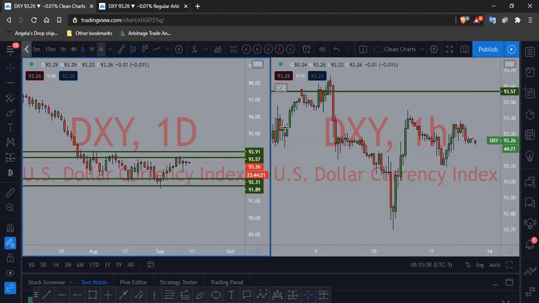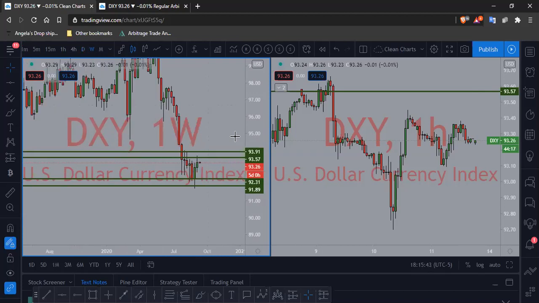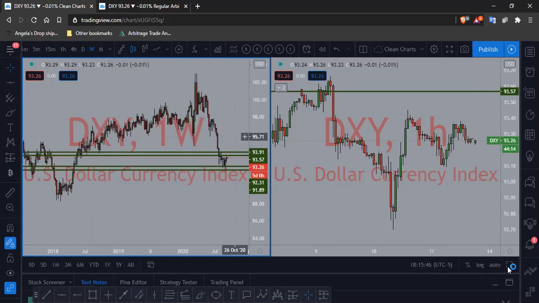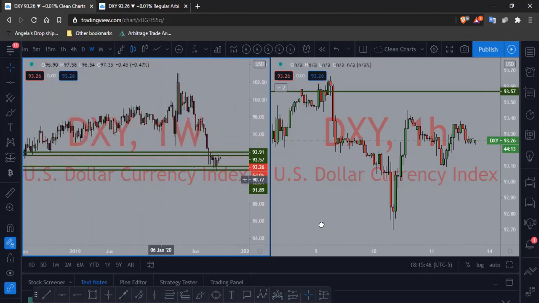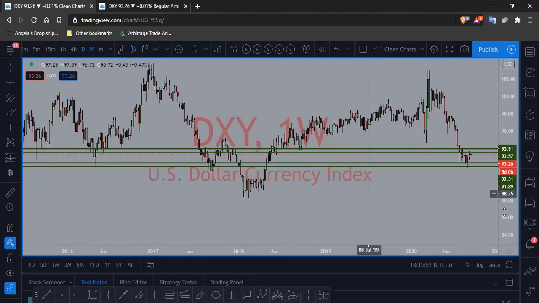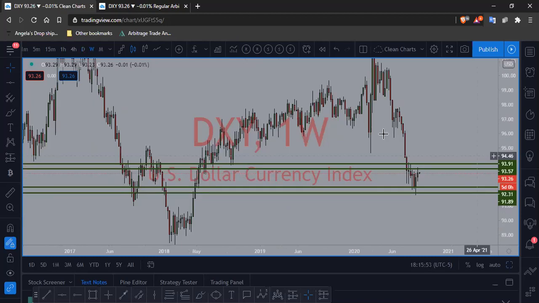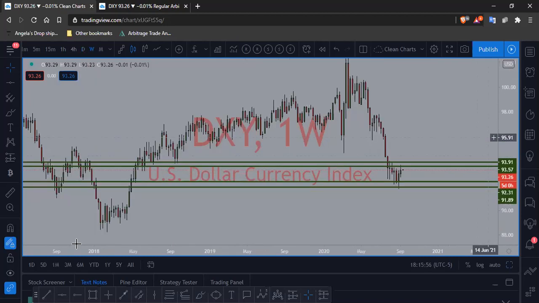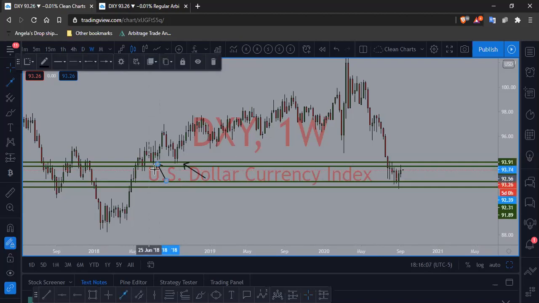And if I go on the weekly time frame, let me full screen this real quick. On the weekly time frame, we can note that in the past, this resistance is something that price came in and reacted at before, at those three areas.